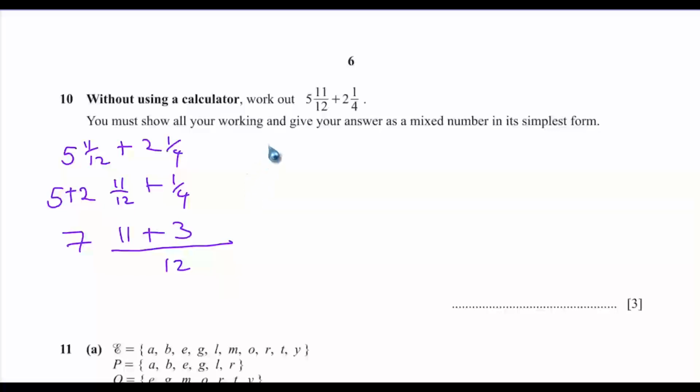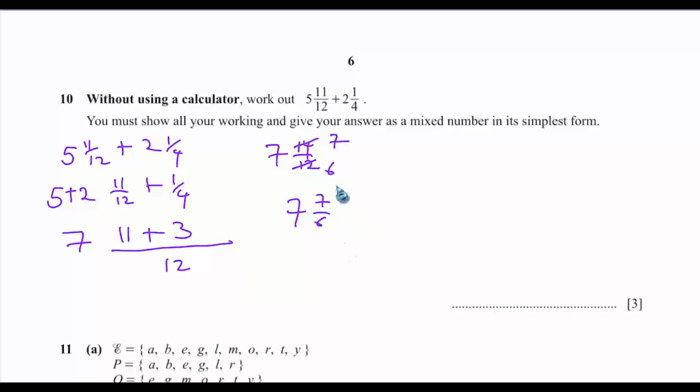So that means we have 7 whole 15. So that means we have 7 whole, then 14 out of 12. So 2 goes in 12 6 times, 2 goes in 14, that is 7 times. That means we have 7 whole 7 out of 6. But wait a minute, 6 can go in 7 once.